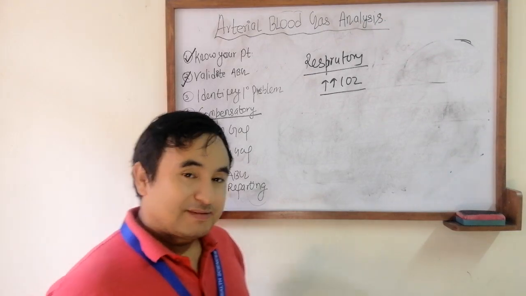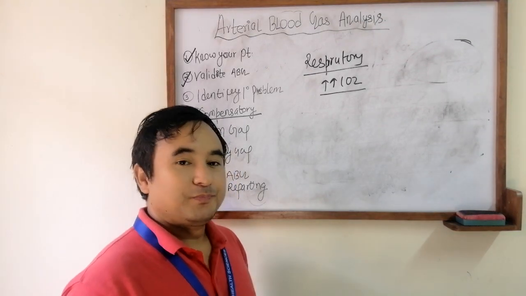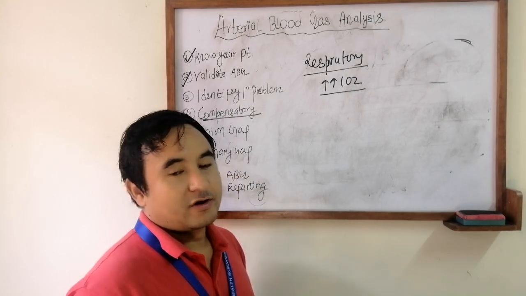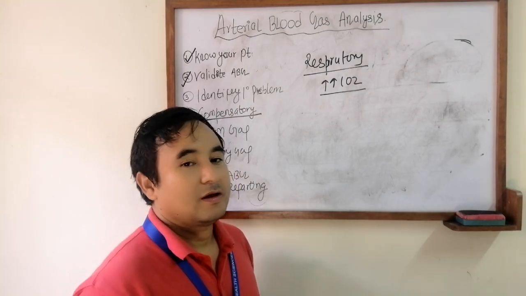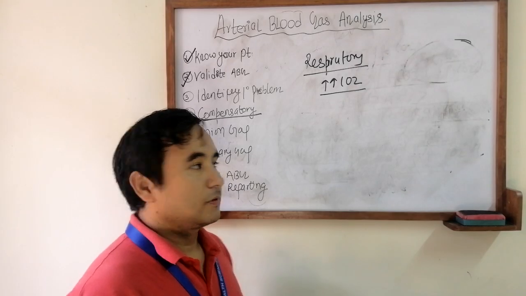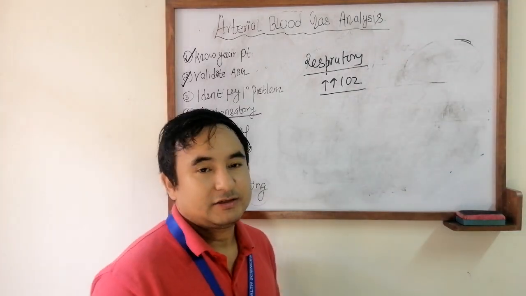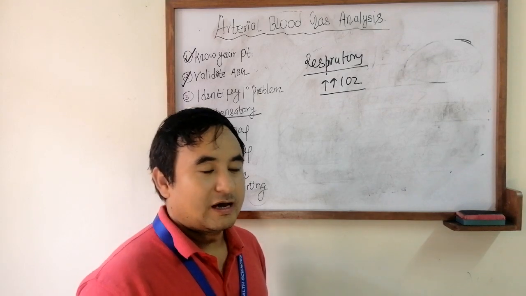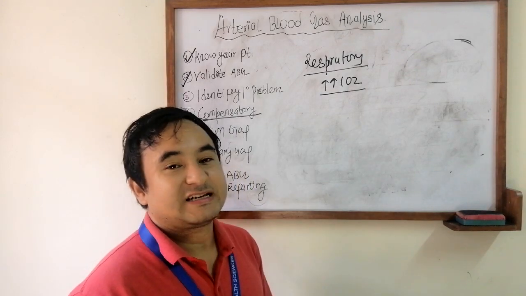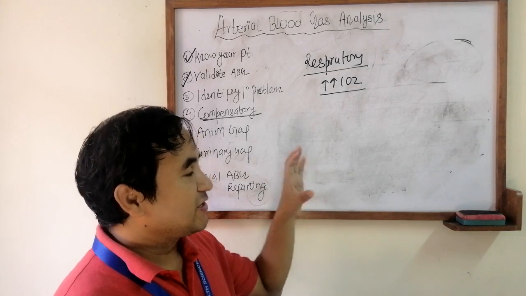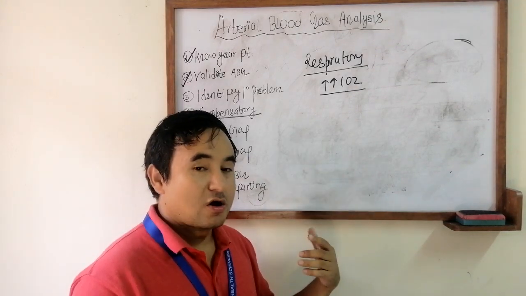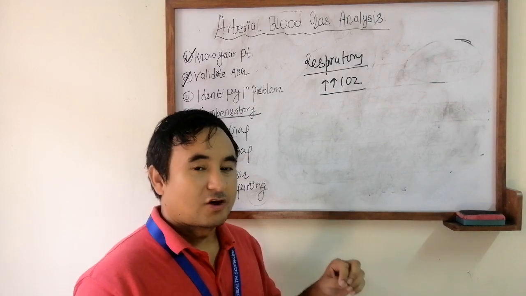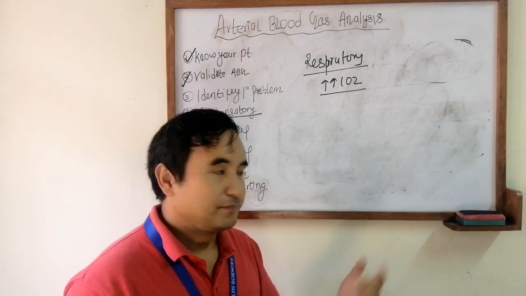So if there is excessive amount of CO2, the body tries to compensate for that by accumulating bicarbonate in the system, and that can be done by the kidney. So if there is a respiratory problem, then the compensation comes from the kidney. If there is a metabolic problem, then the compensation comes from the respiratory system.